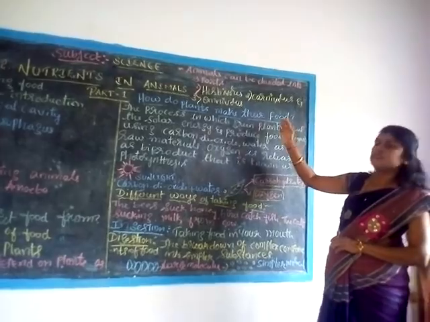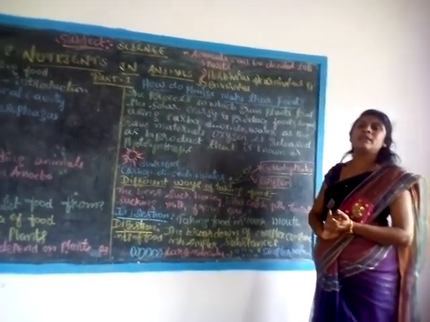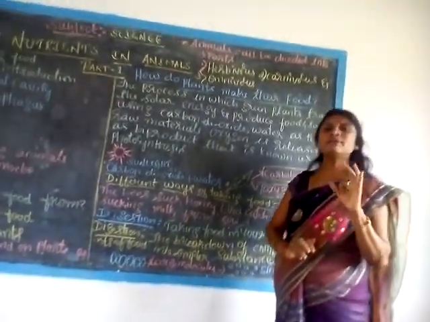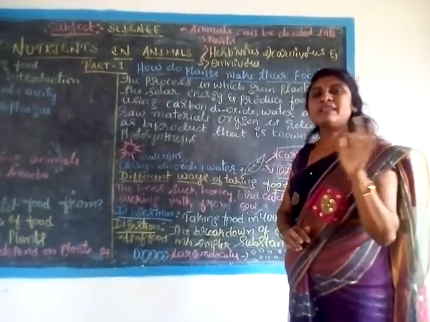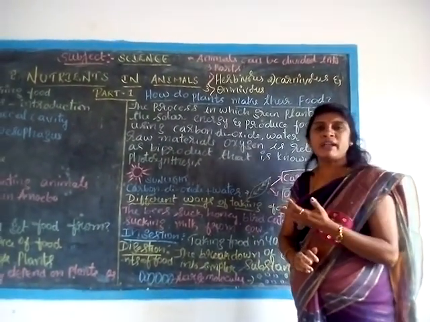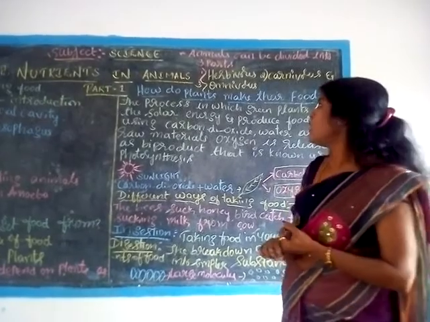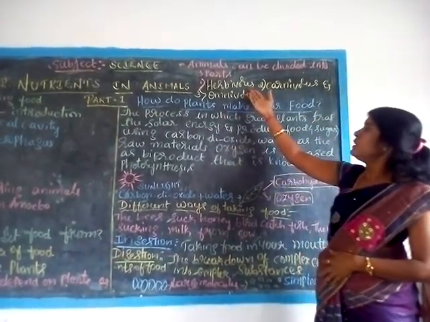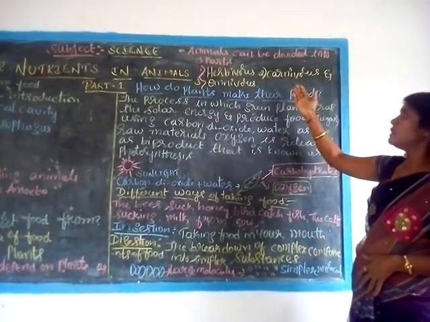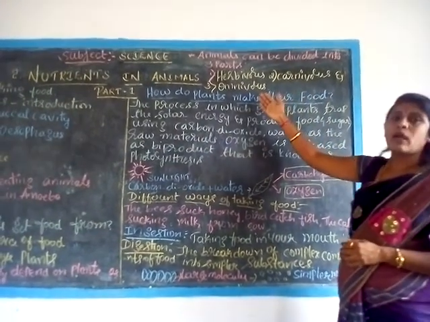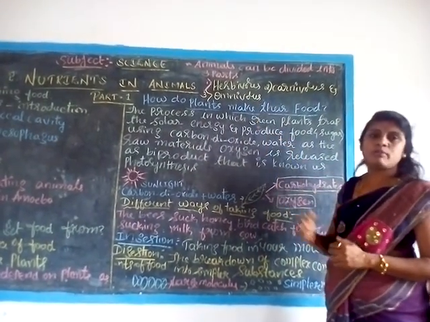Animals can be divided into 3 parts. You already know that animals can be divided into how many parts? 3 parts. What are they? One is herbivores, another is carnivores, and the last one is omnivores.